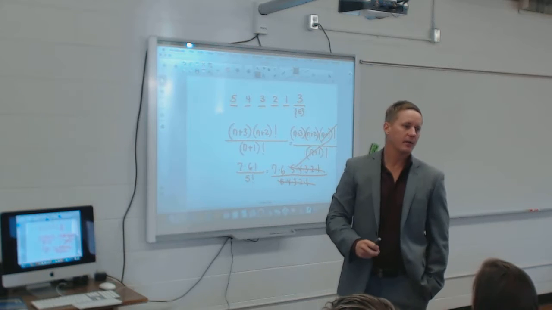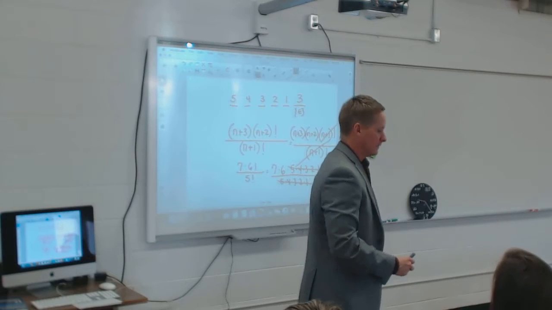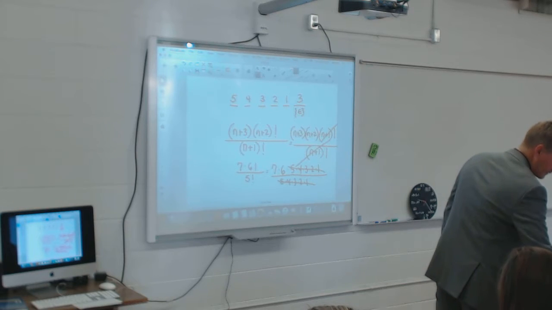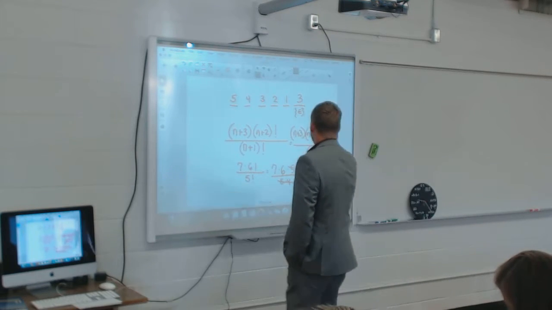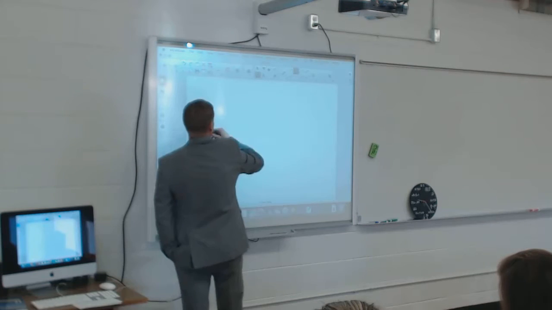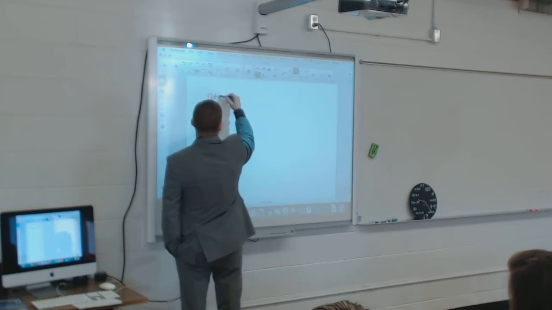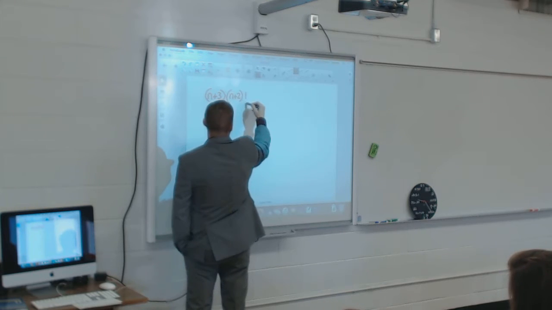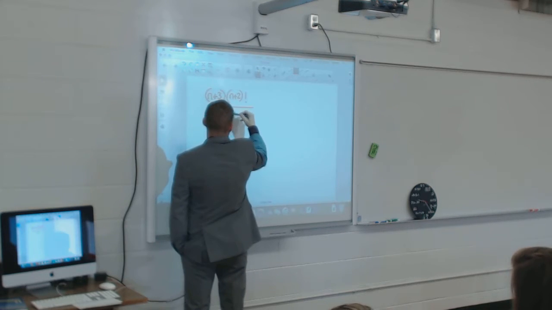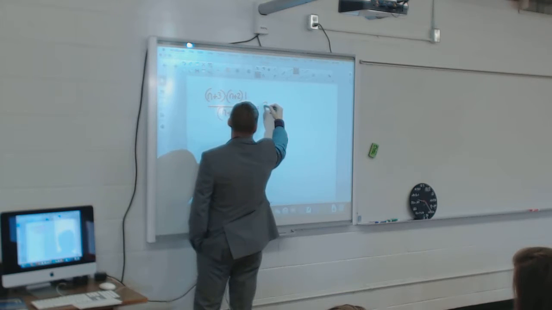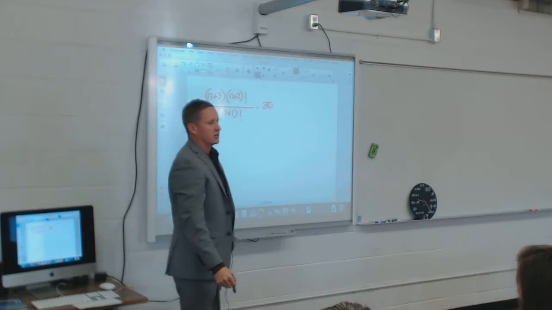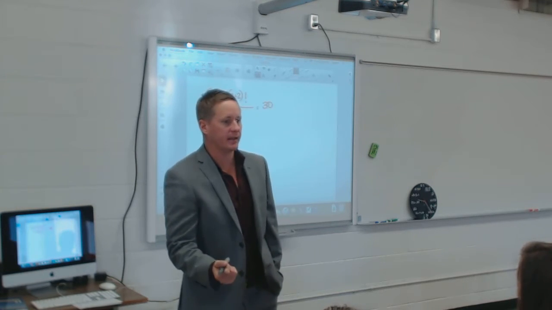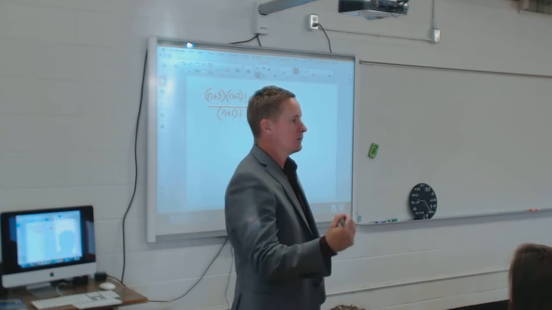Okay? This isn't very complicated. Let's do the second one on it. The second one is this exact same thing, except now we have to find out what n actually is, because this whole thing is equal to 30.